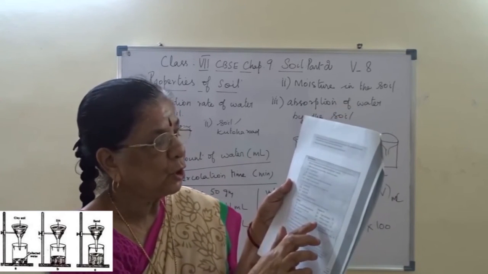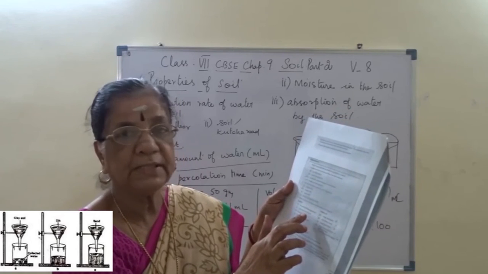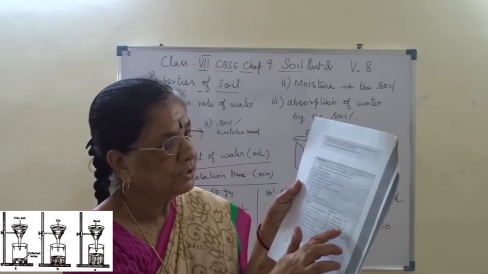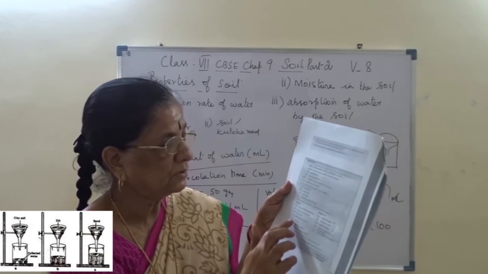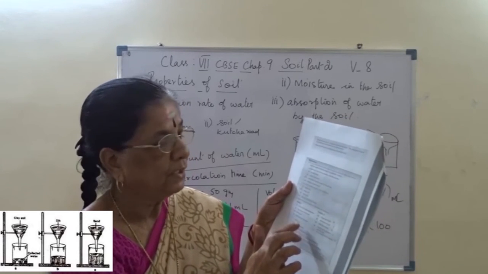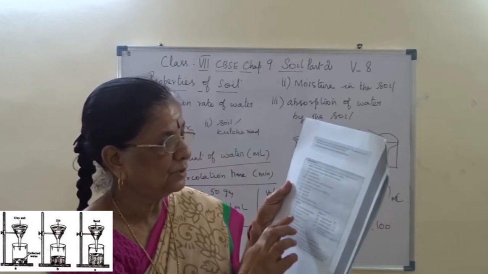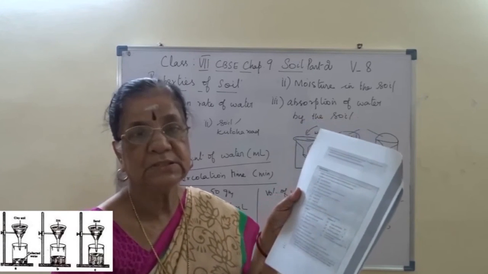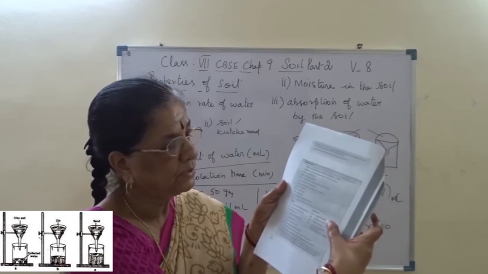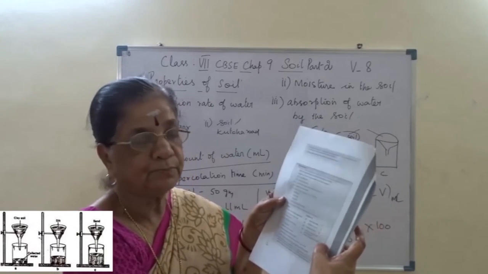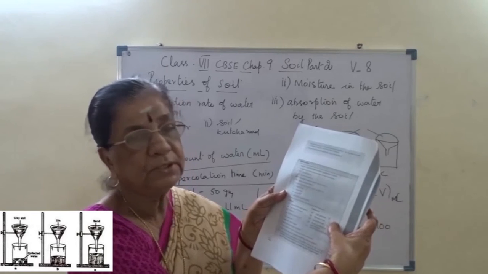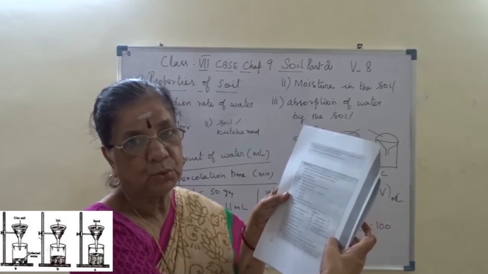Then dark in color is the upper layer of the soil. The smallest particle and packed type is clayey soil. Then lesser amount of humus is the middle layer of the soil. So repeat: 3, 1, 2, 5, 4.